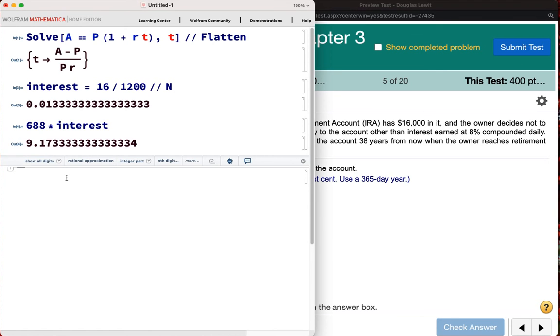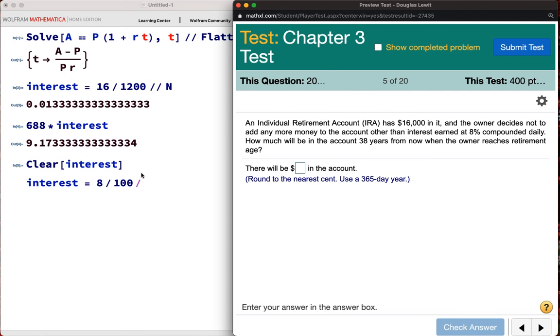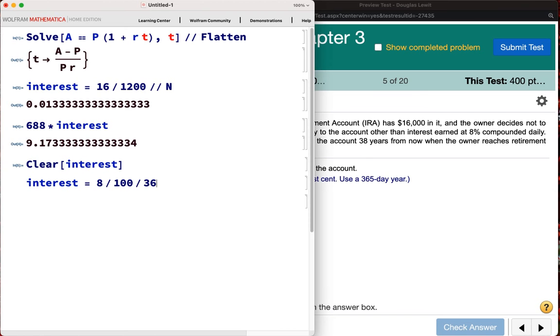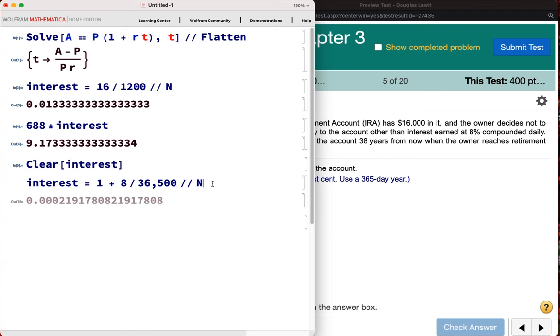Okay, so clear interest. My new interest is going to be 8 divided by 100 divided by 365. Or I could just say 36500. Let's make it a decimal. Actually, I should really, you know what? Okay, I need to use the 1. There we go. Much better.